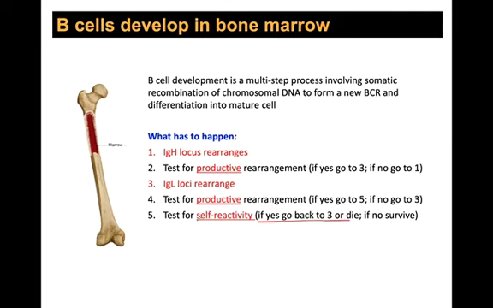If you have self-reactivity, would you get to go back all the way to the heavy chain rearrangement? No, you only get to go back one step. So if you fail this step, you get to go back one. You fail this step, you go back one. In this case, if you fail this step, you're actually going back to the light chain rearrangement. Okay?